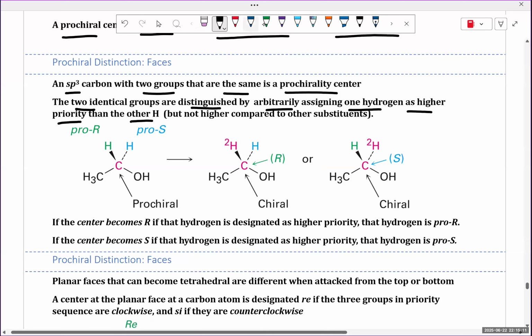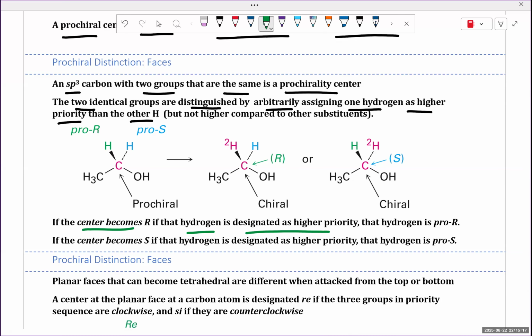If the center becomes R, that hydrogen is designated as higher priority. That hydrogen is pro-R. So for example, this hydrogen is a pro-R hydrogen because when this hydrogen is assigned a higher priority than the other hydrogen, 1, 2, 3, tracing gives us an R configuration.